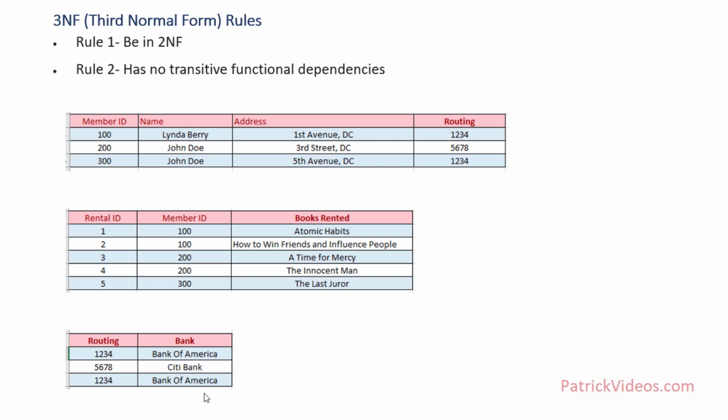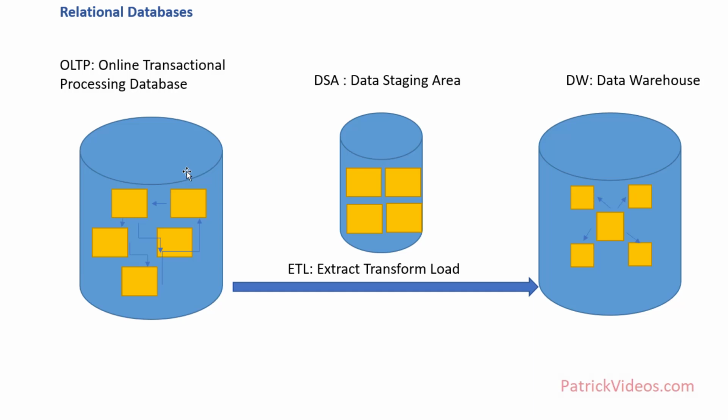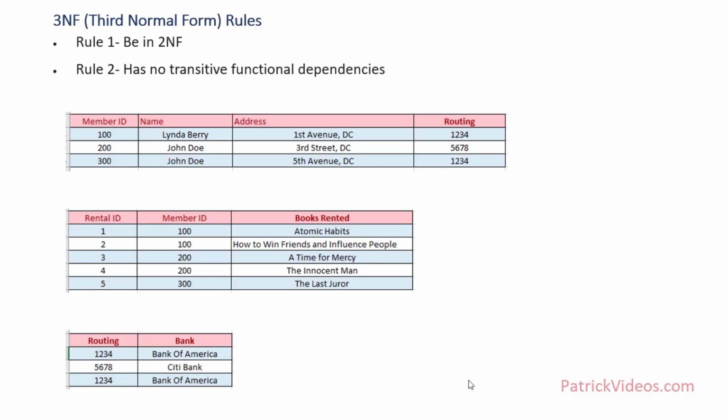Most modern applications go maximum up to third normal form. Some may even stop at second normal form. So this is what we call normalization. Data in OLTP databases, that is the databases behind applications, is usually normalized. But you can see the issue right now. The data is now spread out in multiple tables. If I have to create a report, I have to join all the 3 tables.